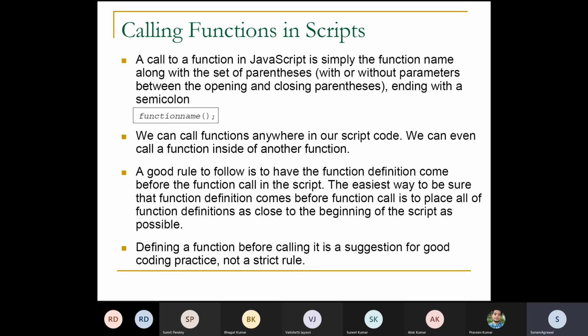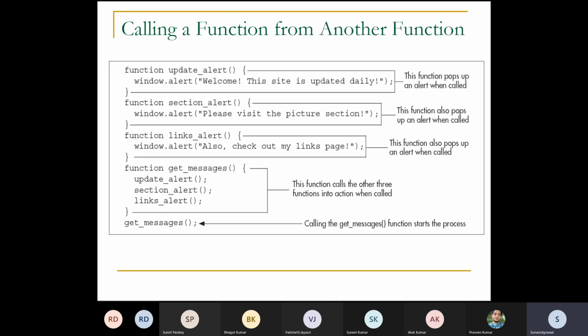A good rule to follow is to have the function definition come before the function call in the script. The easiest way to be sure that the function definition comes before the function call is to place all the function definitions as close to the beginning of the script as possible. Defining a function before calling it is a suggestion for good coding practice, not a strict rule.